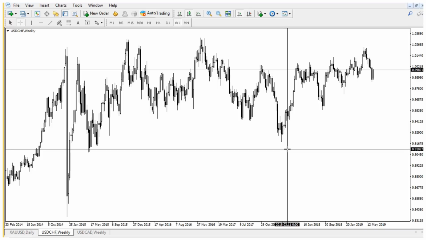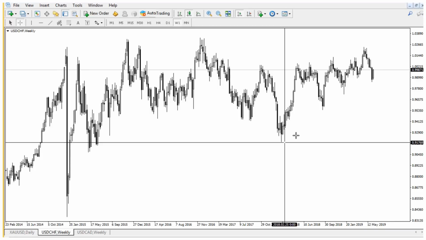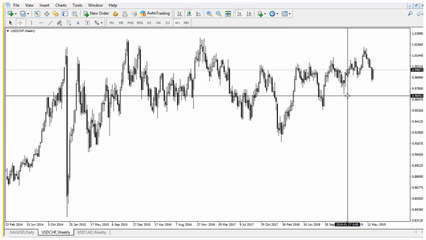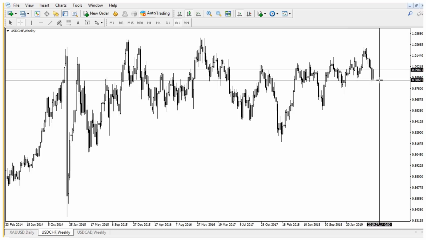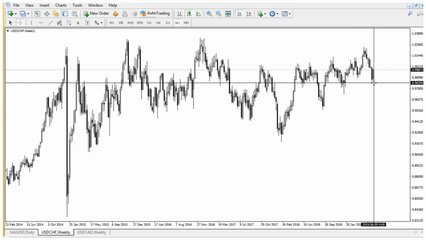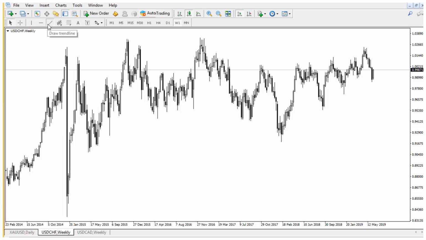Initially, I had these lows 1, 2, 3 to work with, and now a low has been added over here. But when I try to connect these lows, I have only 2 touches, and 2 touches are not really accurate.